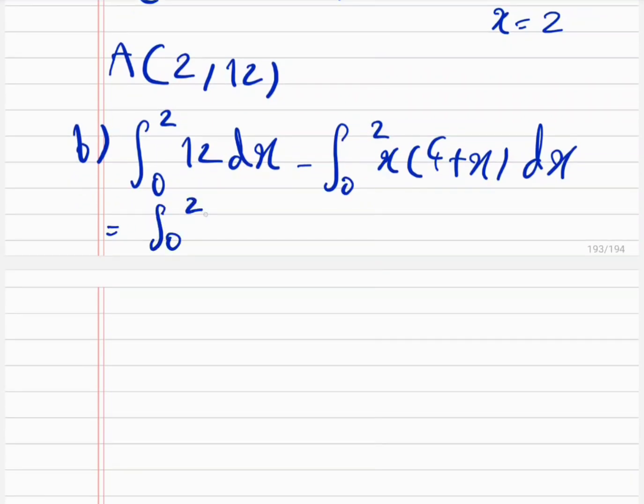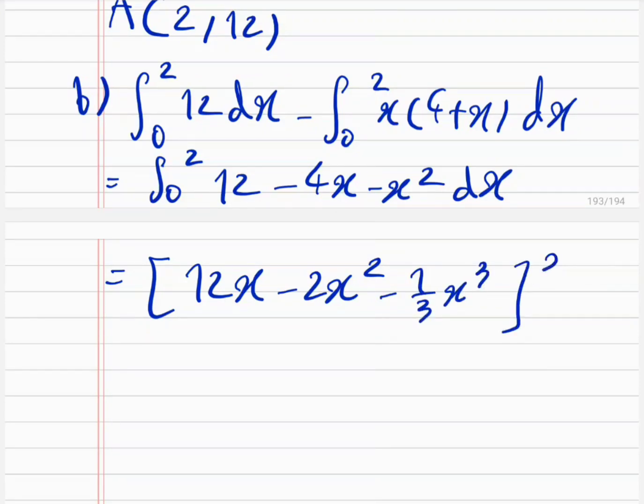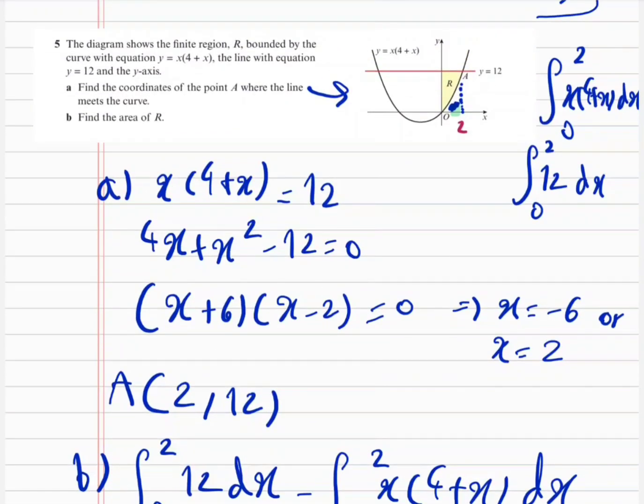So we have the integral from 0 to 2 of 12 minus 4x minus x squared dx, and then integrating, we get 12x minus 2x squared minus one third x cubed, and the limits are 2 and 0, so we substitute 2 and then take away 0 substituted, but that's obviously 0. Once we substitute 2 here, we get 40 over 3, and this is the area of R.